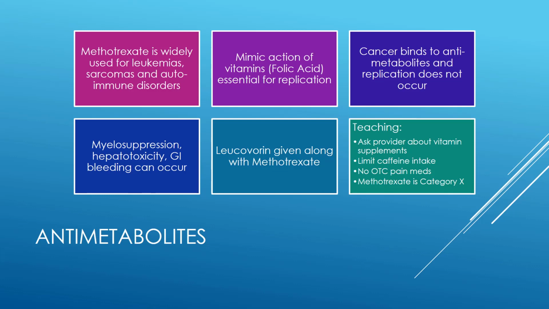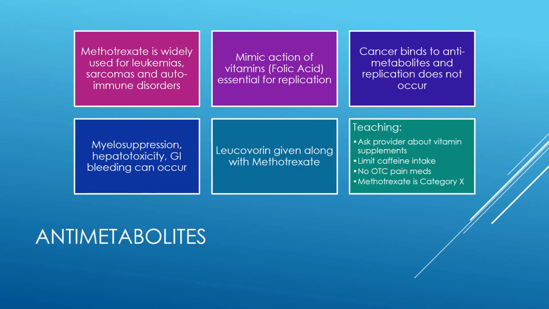Normal cells can be injured by this process, so leucovorin may be administered to take the place of folic acid and allow DNA replication in those healthy cells. Now, methotrexate is a widely used antimetabolite and is also used in the treatment of autoimmune disorders like rheumatoid arthritis. It is effective in the treatment of leukemias and sarcomas.